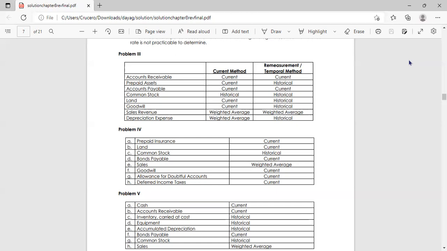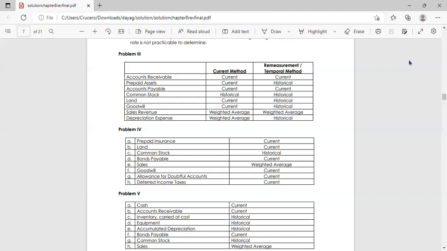So we now use cash and accounts receivable and bonds payable, which are all monetary assets and liabilities. So per guide on page 706, monetary assets including cash and accounts receivable should be translated by using the current rate, whereas bonds payable being a monetary liability should be translated at the current rate.